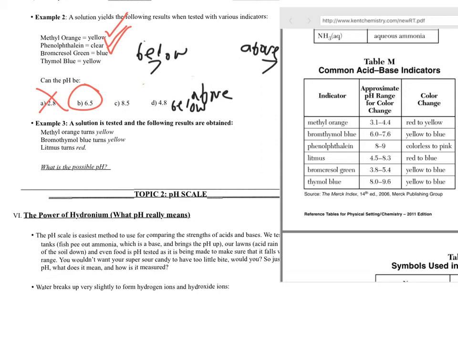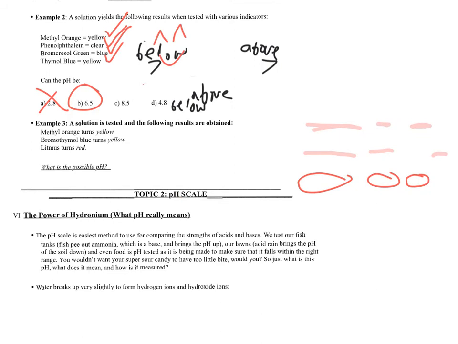It says thymol blue has to be yellow. In order for thymol blue to be yellow, we have to be lower than this pH range. That also checks out. 6.5 is definitely lower than 8.0. So far that looks like the answer to me, because it fits all of these clues right here.